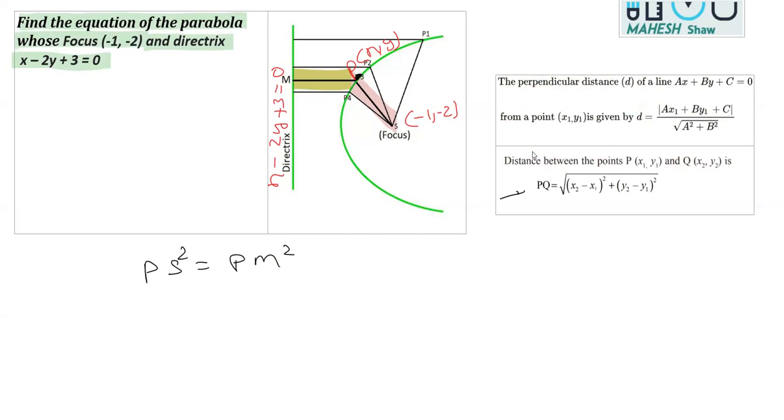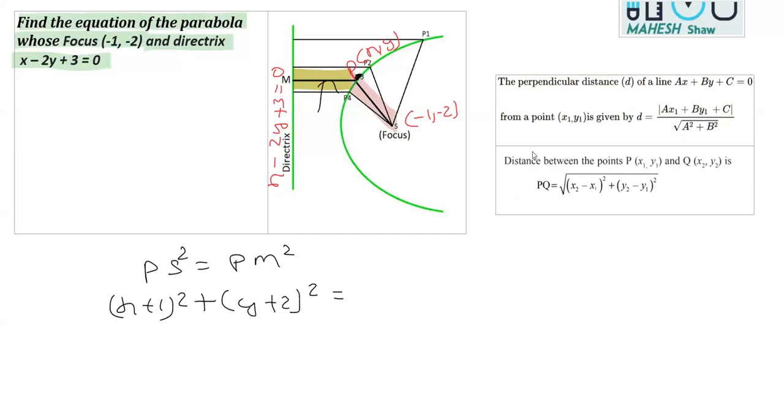And if two distances are equal, we can write their squares are also equal. That means PS square is equal to PM square, in order to eliminate this under root. Now replacing PS with the distance formula, it is x minus minus 1, that is x plus 1 whole square, plus y minus minus 1, that is y plus 2 whole square, is equal to PM.